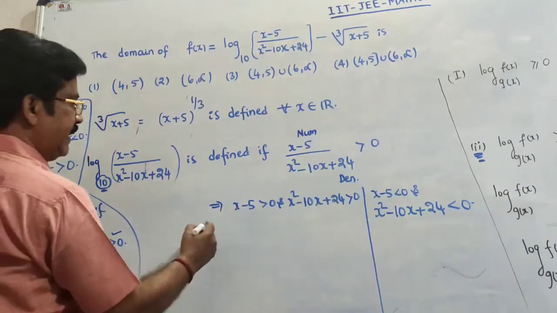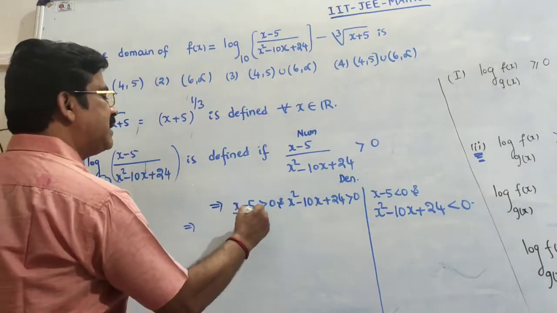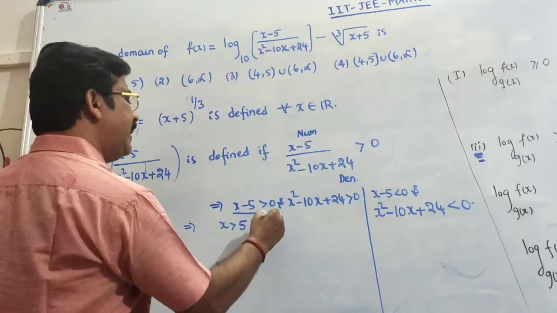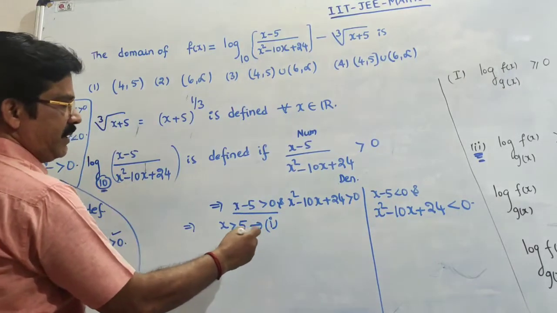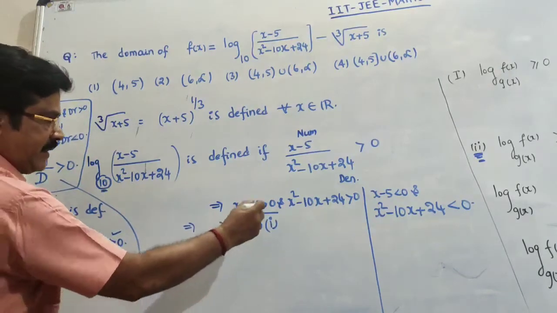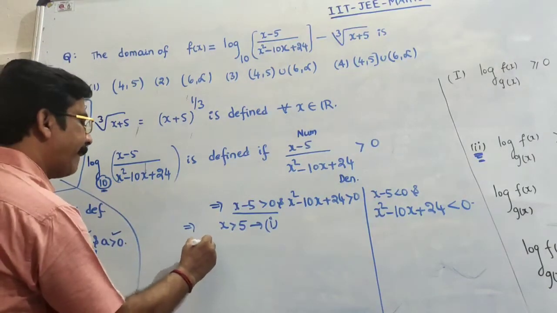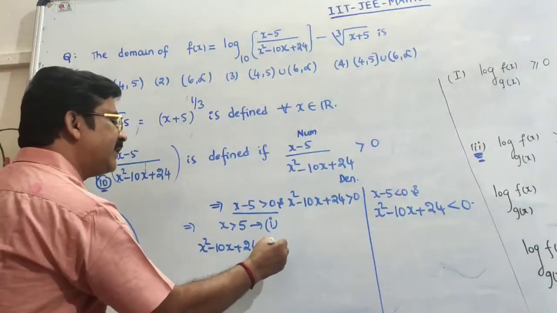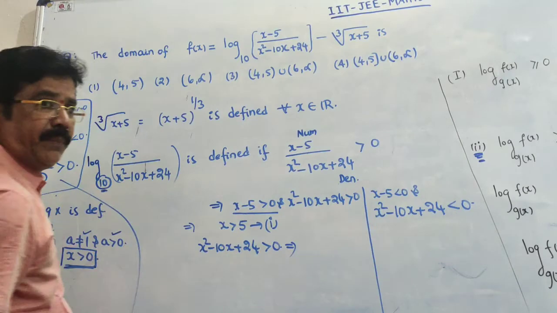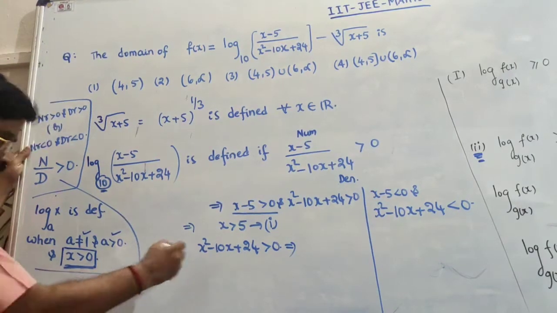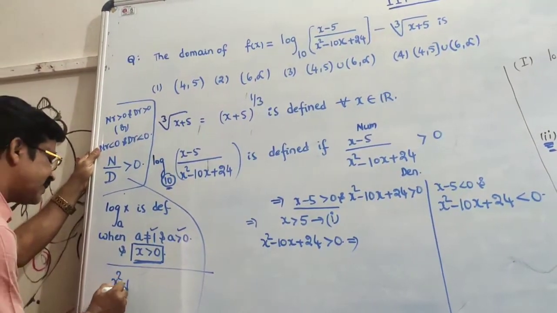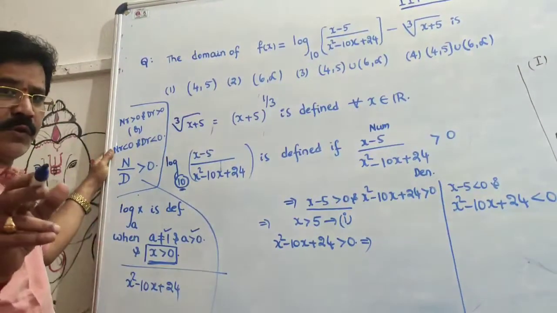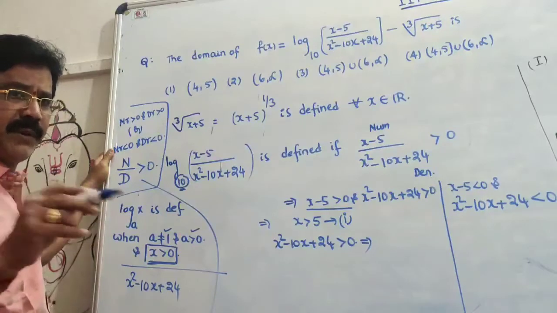In the first case, x minus 5 greater than 0 means x greater than 5. Let it be statement number 1. Next, x square minus 10x plus 24 is greater than 0. Let us find the factors: 6 times 4 is 24 and minus 6 minus 4 is minus 10.